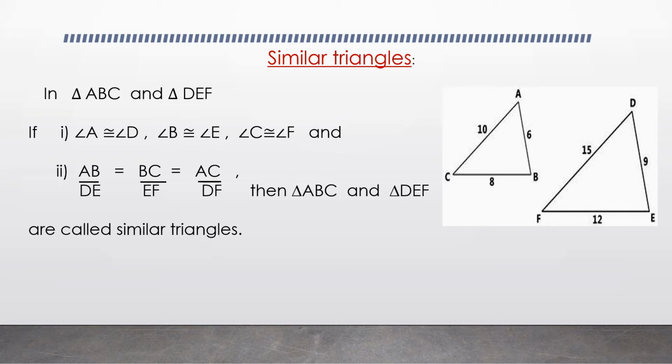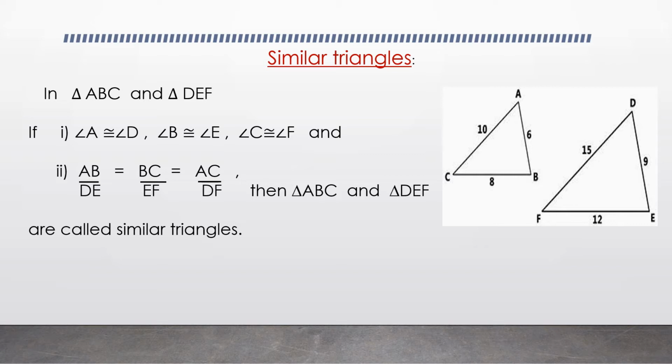Here there are two triangles, triangle ABC and triangle DEF. AB upon DE is equal to 6 upon 9, that is 2 upon 3, and BC upon EF is equal to 8 upon 12, that is 2 upon 3, and AC upon DF is equal to 10 upon 15, that also is 2 upon 3.